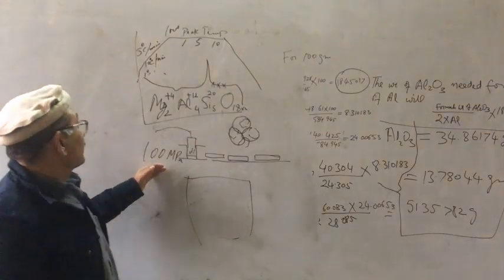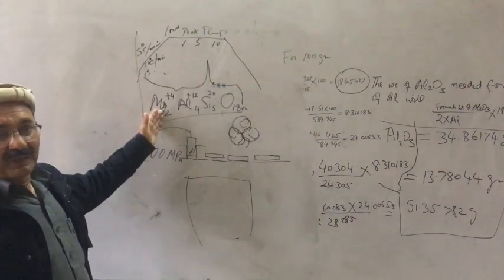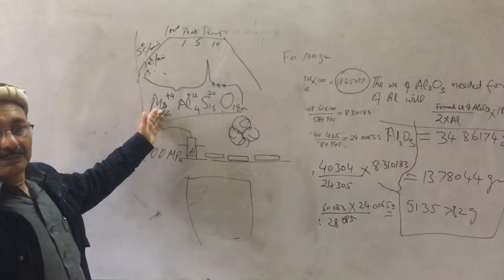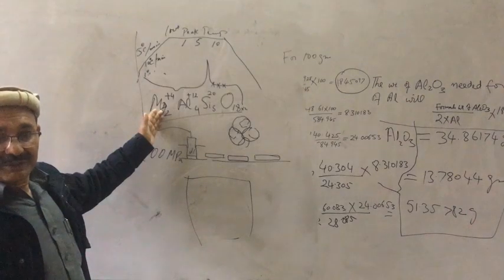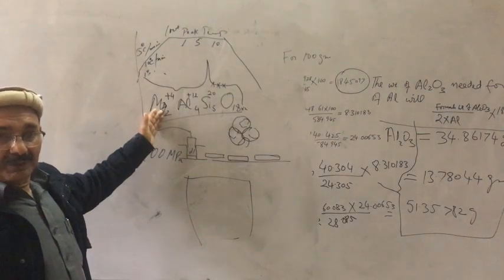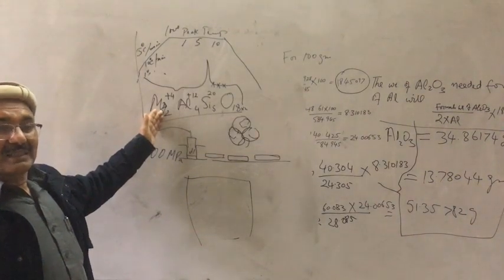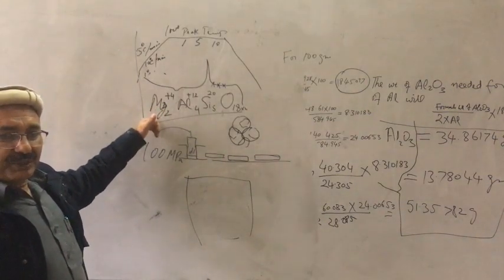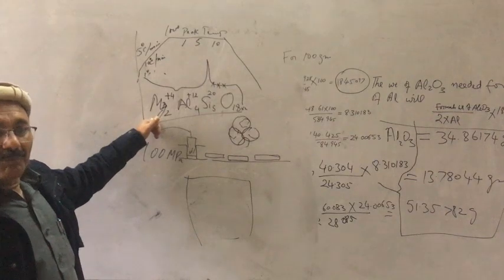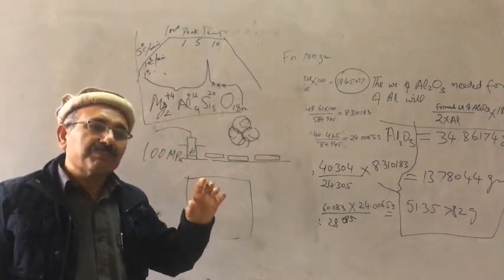If you are substituting something for magnesium, then there are two conditions. Number one, it shouldn't disrupt the charge balance. It must produce a neutral compound. Secondly, the size of the cation you are substituting for magnesium must be within 15%.